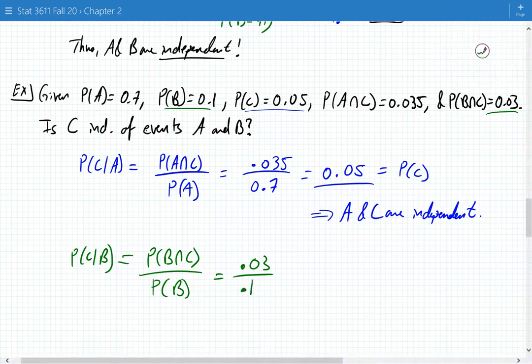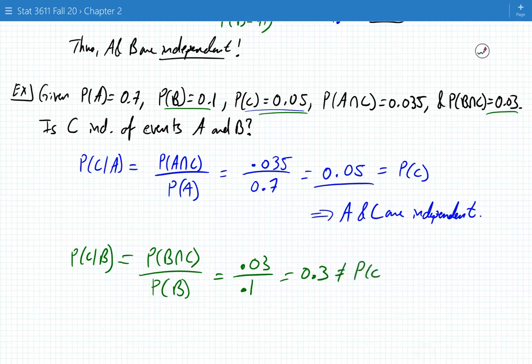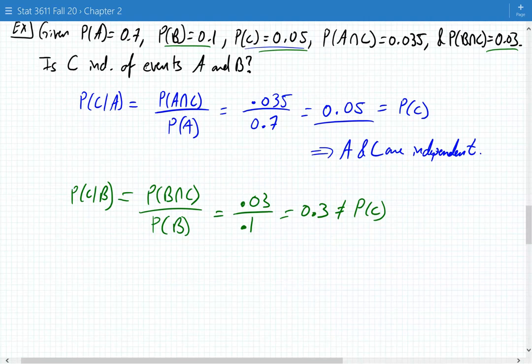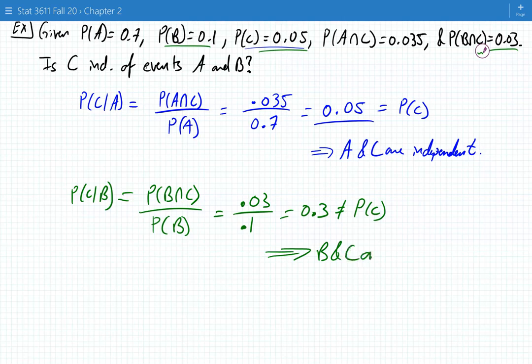So 0.03 divided by 0.1, that is 30%, or 0.3, which is not equal to the 5% that we want. That is not equal to the probability of C, and that's all we need then to say that they are dependent. This would mean B and C are dependent.